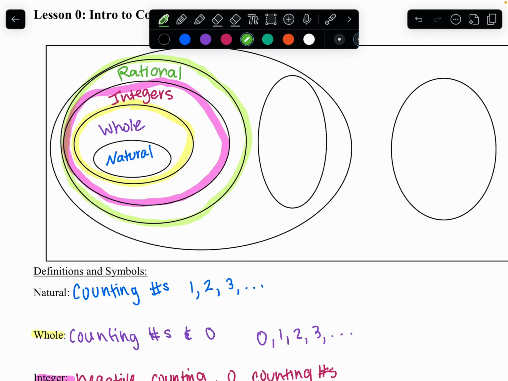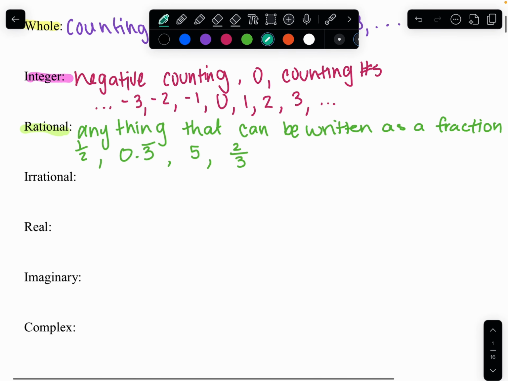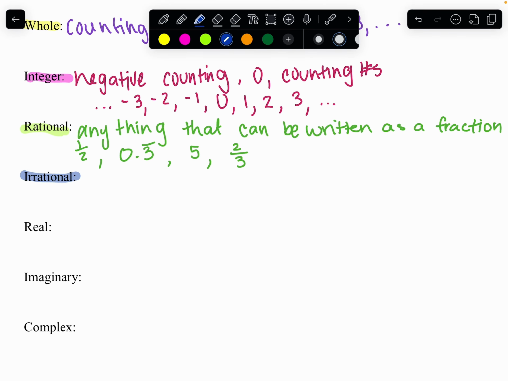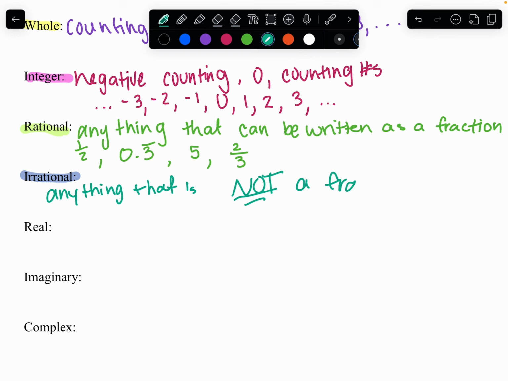Now, our next bubble is outside of this. This is its own bubble. These are going to be your irrational numbers. Irrational is anything that's not a fraction.